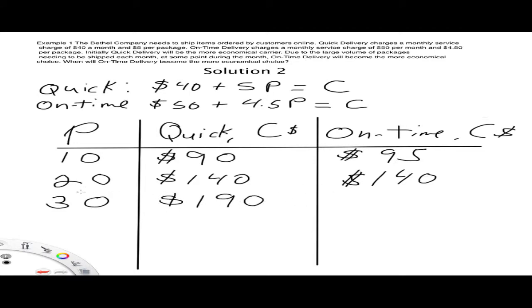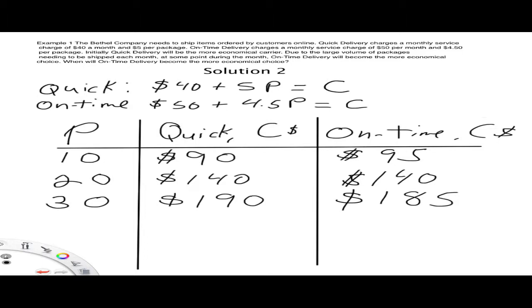And 4.5 times 30 is 135 plus 50 is equal to $185. And indeed, I see what I expected, that at 30, on time is the lower priced option. So I've got my verification, and now I would like to head on to solution number 3.